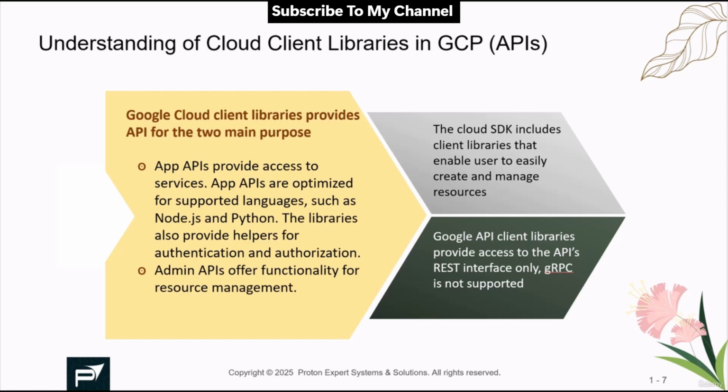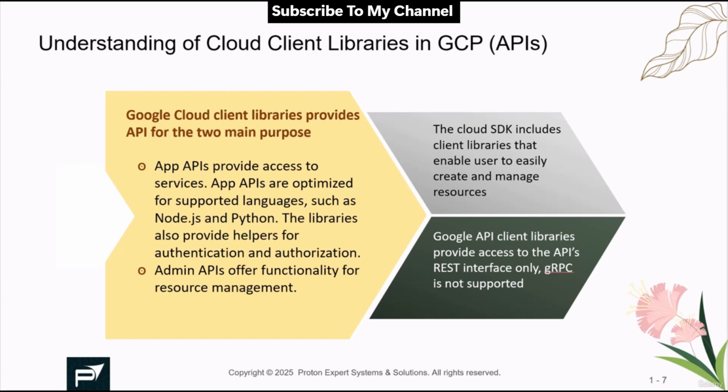Admin APIs offer functionality for resource management. The Cloud SDK includes client libraries that enable user to easily create and manage the resources. The Google Cloud API client libraries provide access to the API REST interface only. gRPC is not supported.